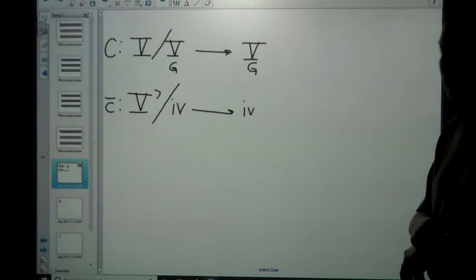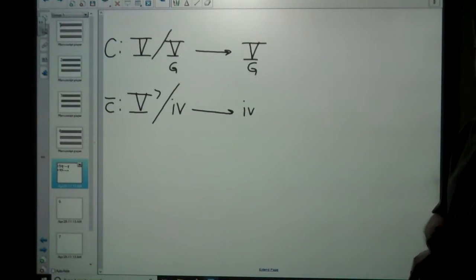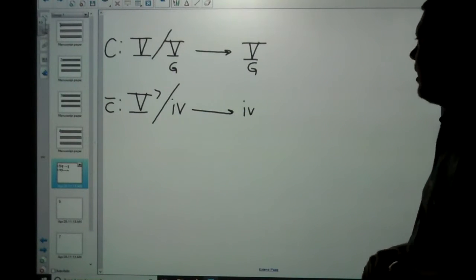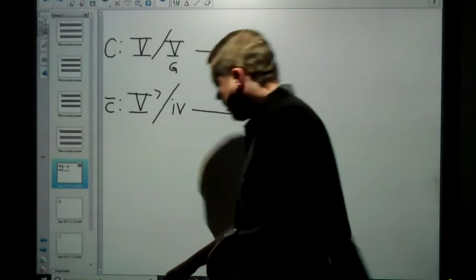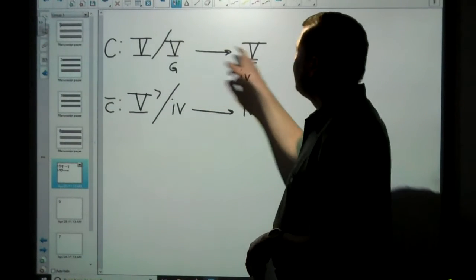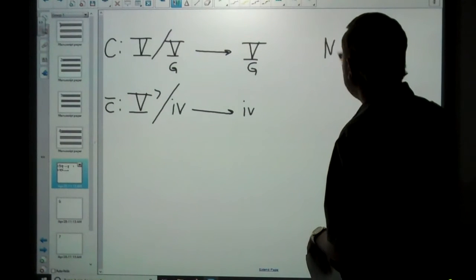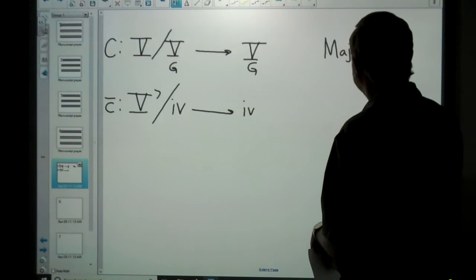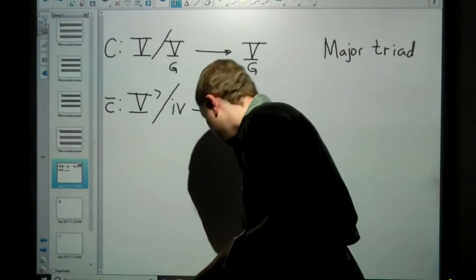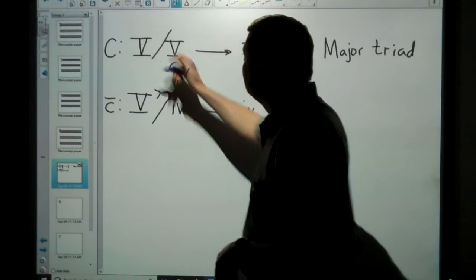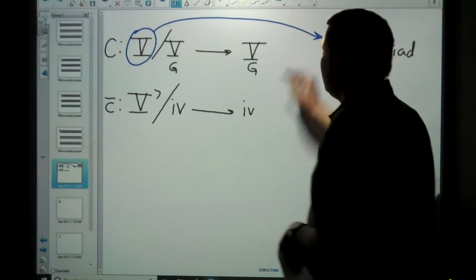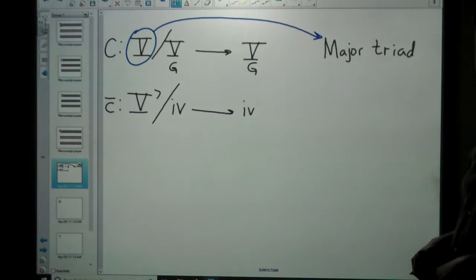One other thing I want to review with you before we go into spelling and analyzing secondary dominants again for practice is that it's very important to remember that a dominant of something is always going to be a major triad. Right? That means this part right here, with the capital Roman numeral, is always a major triad.